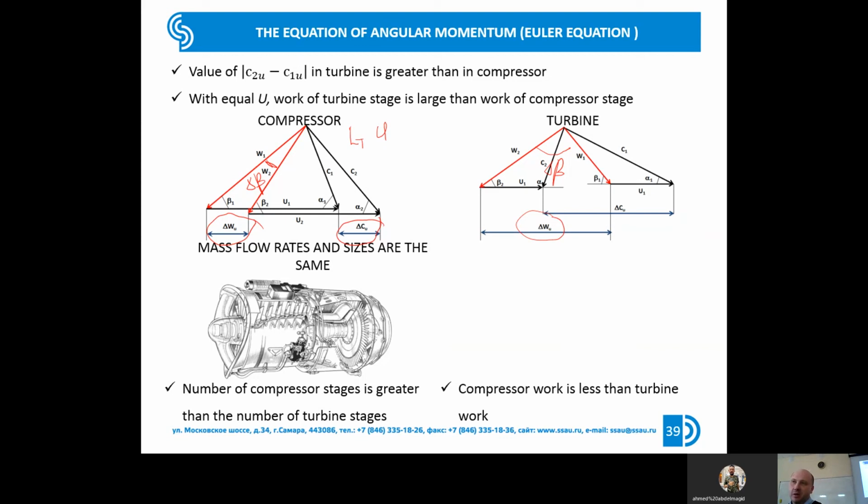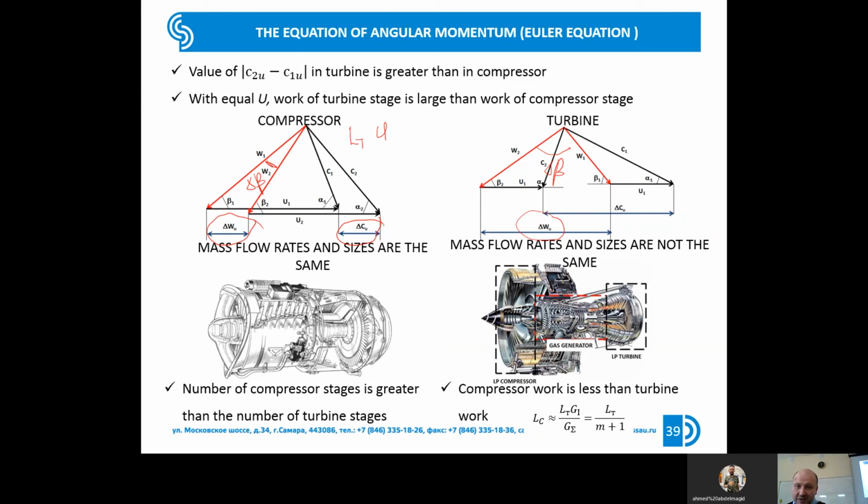It's really typical. And I think it's a very important conclusion because it explains why the gas turbine engine looks like we know it: the number of stages of the turbine is less than the number of stages of the compressor. You could study the engines in pictures, or in an engine museum. Typically, you find this relationship.